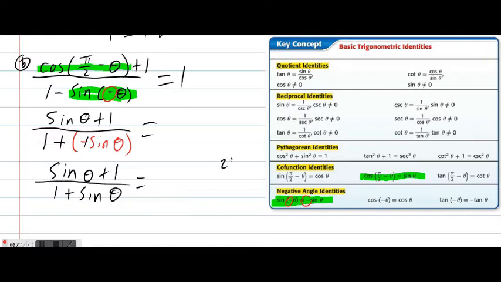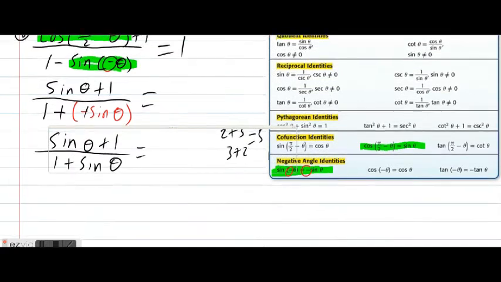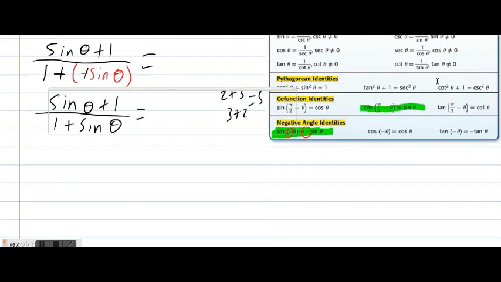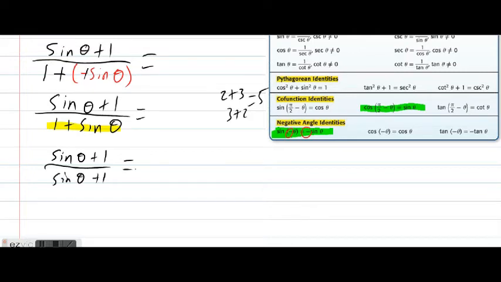Well, does it matter if I have 2 plus 3 or 3 plus 2? They both give me 5. Same thing here. Exactly the same type of problem. I'm going to take that and just switch it around so that I have sine of theta plus 1.